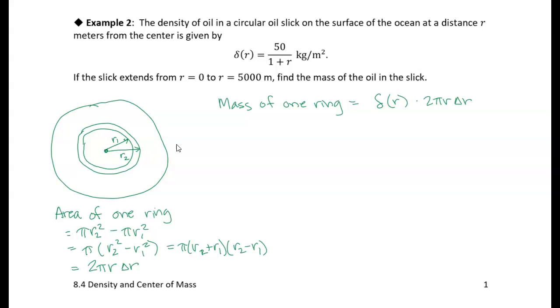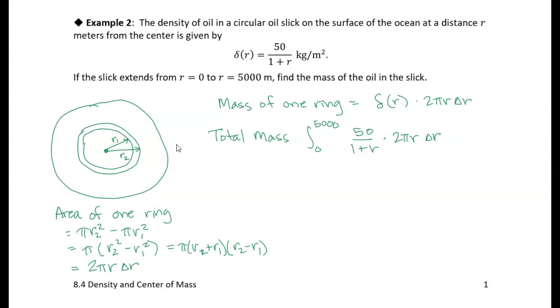So we're going to have an integral. So the total mass is the integral from 0 to 5,000, because we're integrating over the radius now, and the outside radius is 5,000 meters. The density function is 50 over 1 plus r. And then we have times 2 pi r delta r.